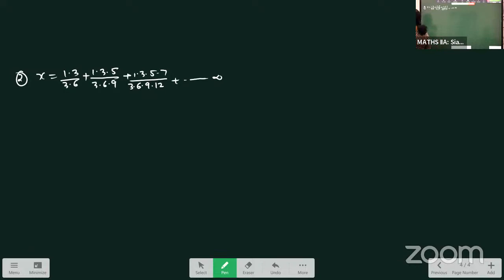Prove that 9x square plus 24x is equal to 11.